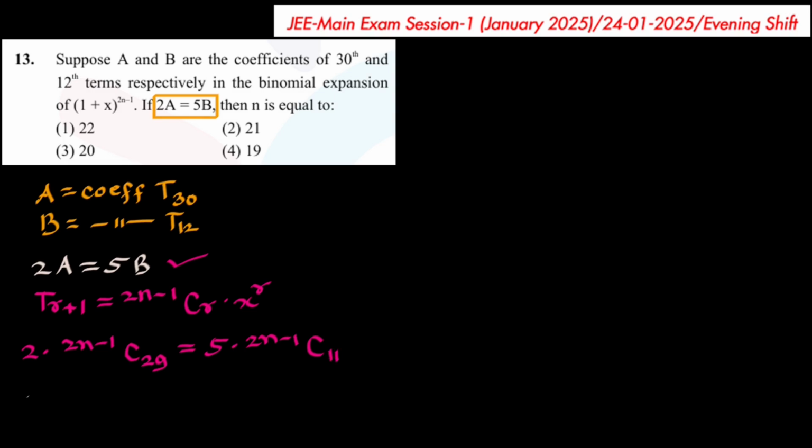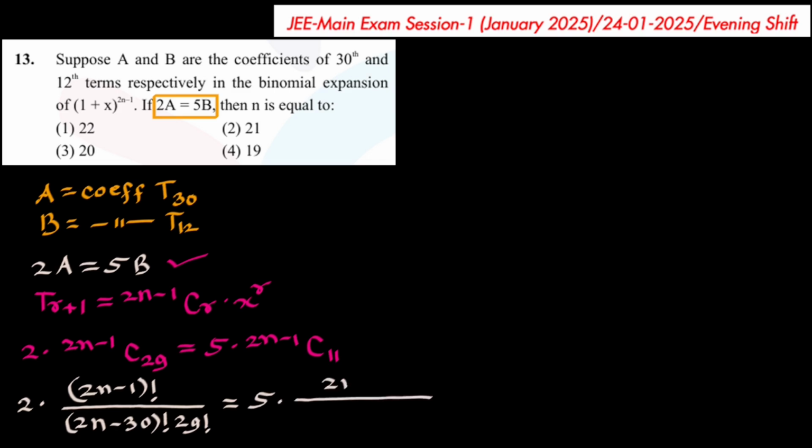This we write as 2 times 2n minus 1 factorial upon 2n minus 1 minus 29, 2n minus 30 factorial into 29 factorial equals 5 times again 2n minus 1 factorial upon 2n minus 1 minus 11, 2n minus 12 factorial into 11 factorial. This will get cancelled.